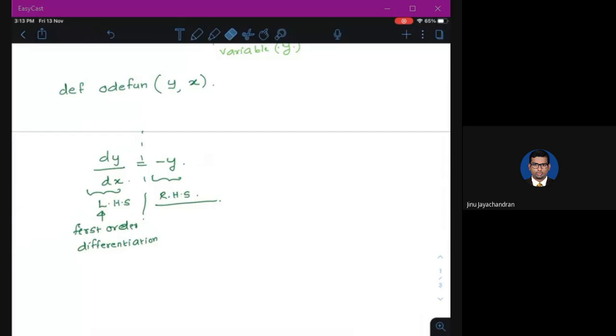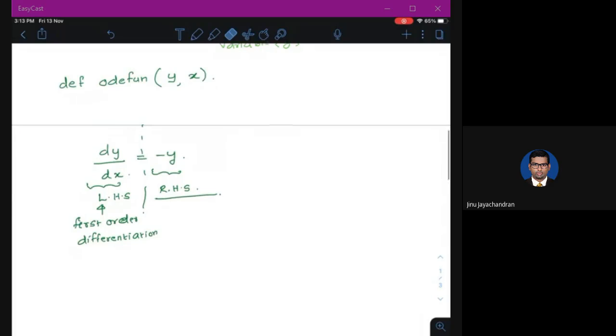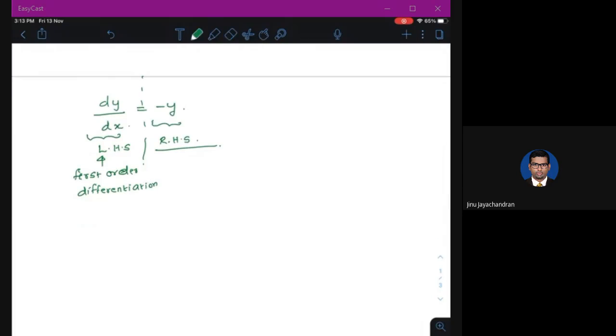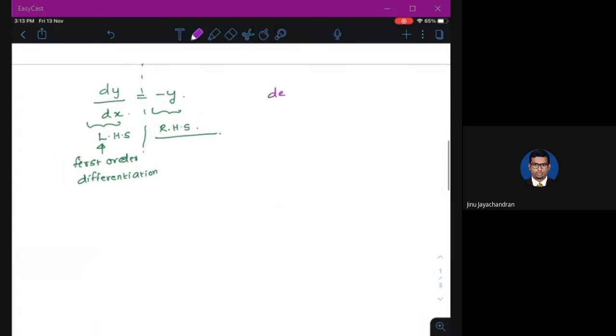So once you make your equation in this form, then you should return from this function the right hand side of the equation. That is, I can write def ODE fun of your independent variable.